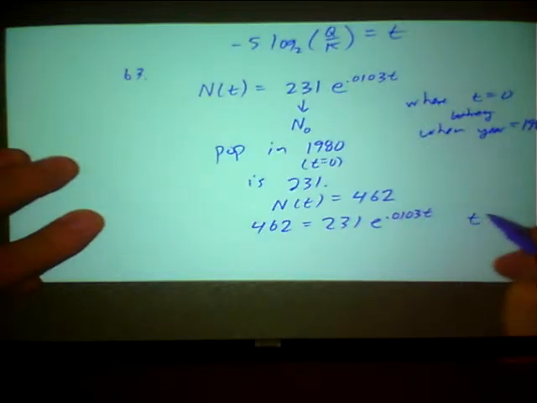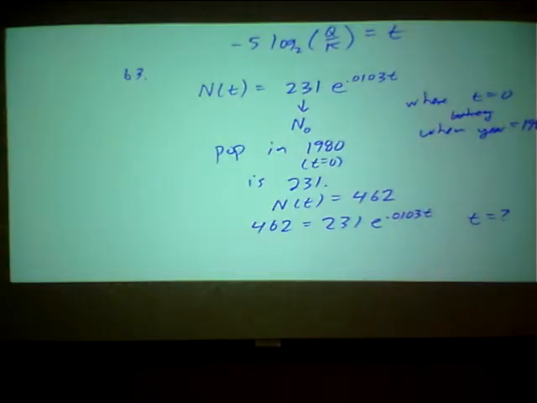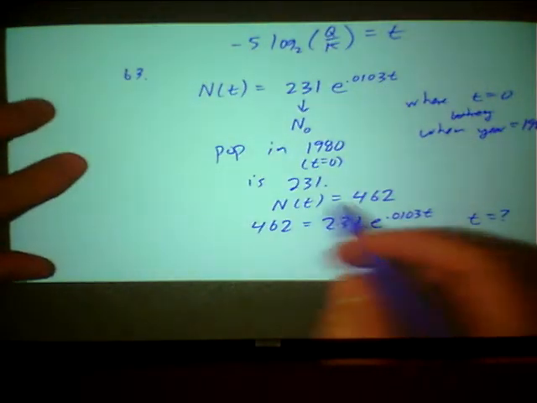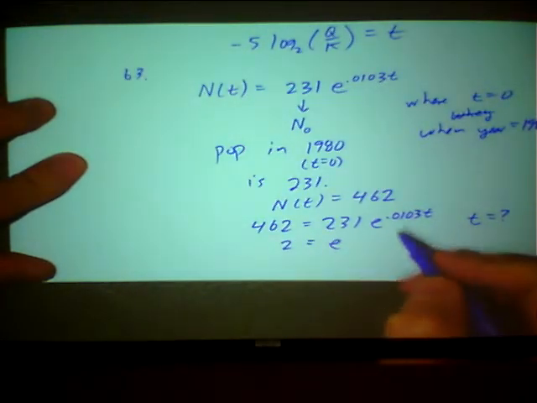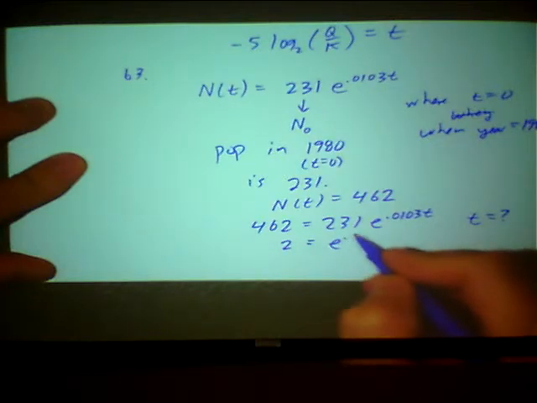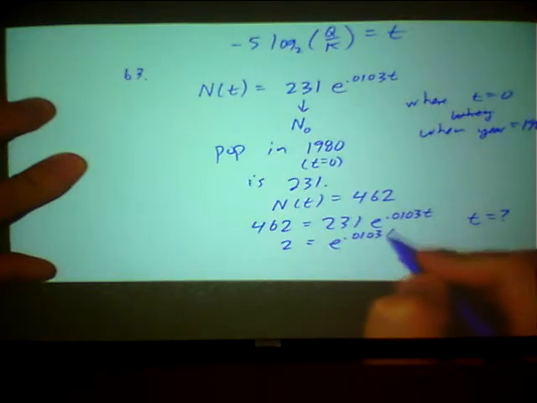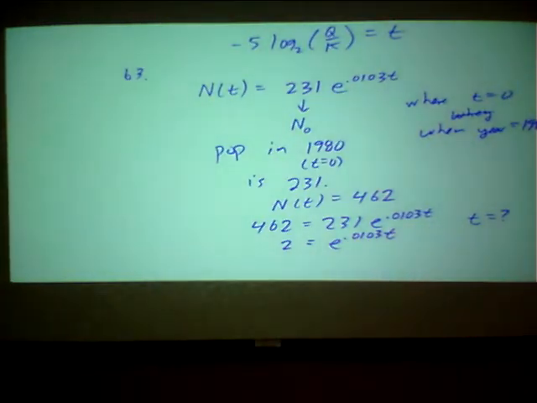And I'm now trying to solve for t. First thing you do is you get the exponent by itself. I'll divide both sides by 231. When I do that, I get 2 equals e to the 0.0103t. I need to solve for that t. It's right now in the exponent. How do I get at it?